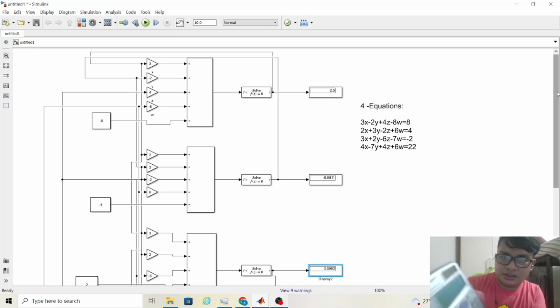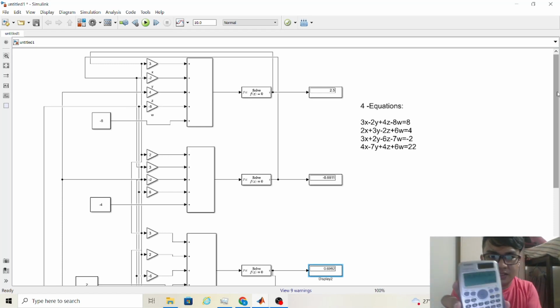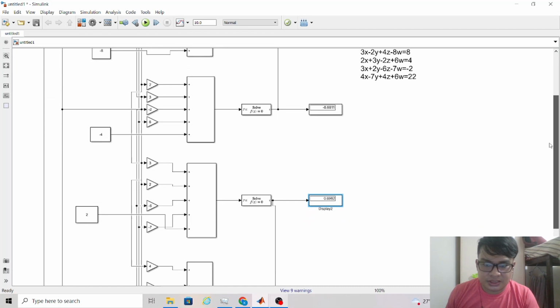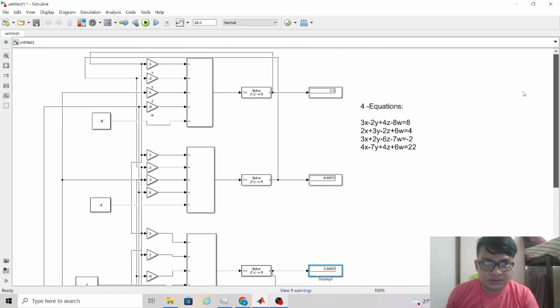And here is equation 8. It's the same for every equation, and that's for the fourth equation.